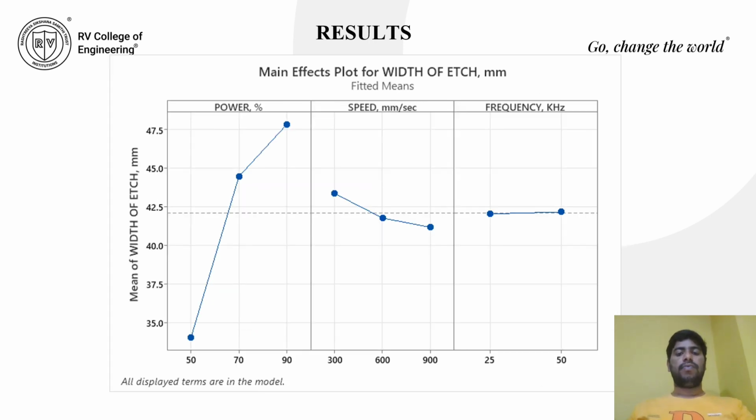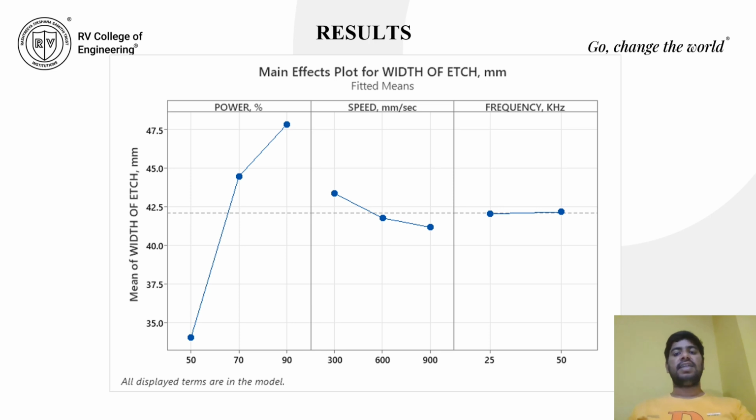Main effects plot for width of etch in mm. Here we can see that as the power increases, the width of etch also increases. As the speed increases, the width of etch decreases.